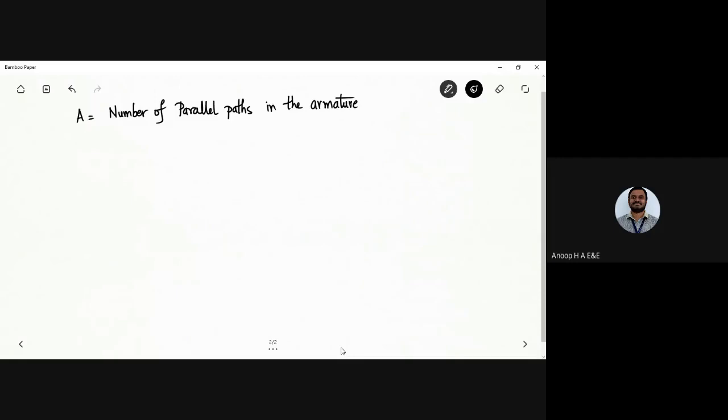So N, what is N? Rotational speed of the armature in revolutions per minute. At what speed the armature rotates, in revolutions per minute.